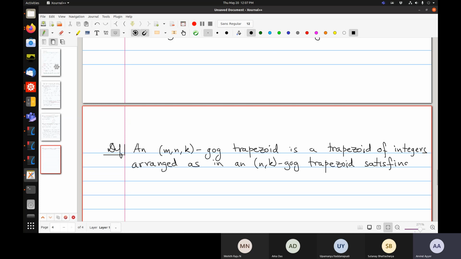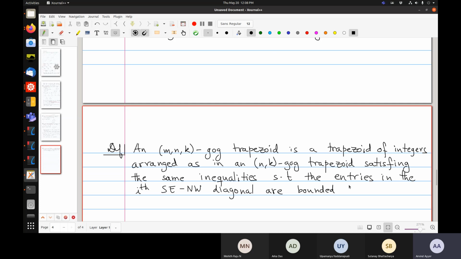satisfying the same inequalities such that the entries in the ith southeast to northwest diagonal are bounded above by m plus i for 1 less than or equal to i less than or equal to n.